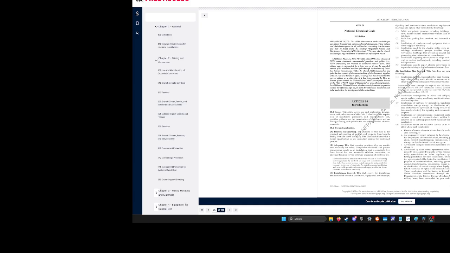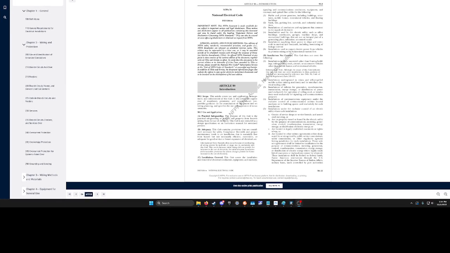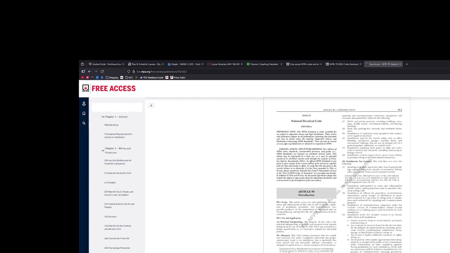Let me just get my own code book out so that I know what to point out. All right. So I am currently using the NFPA's free access to the NEC online. You can see up here, that's what the link looks like.